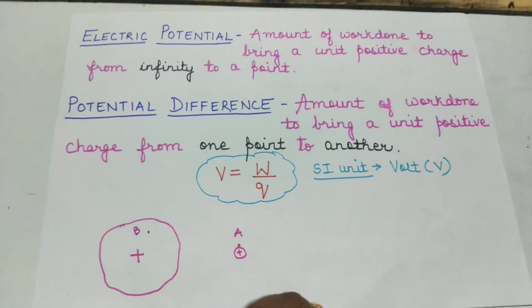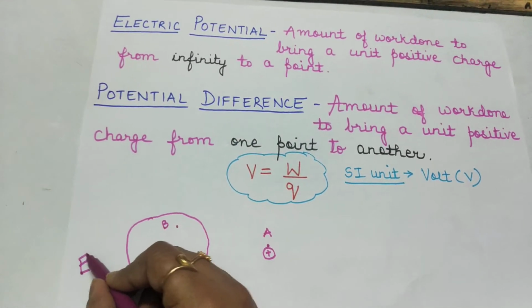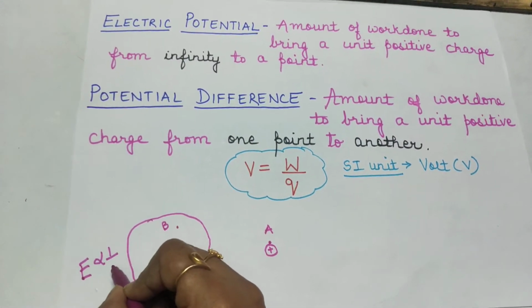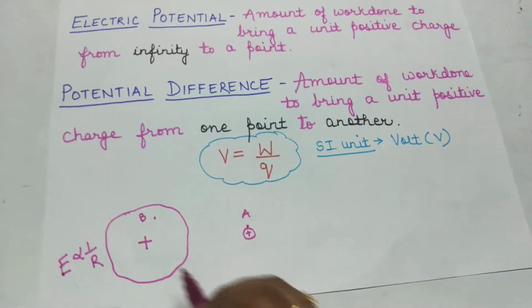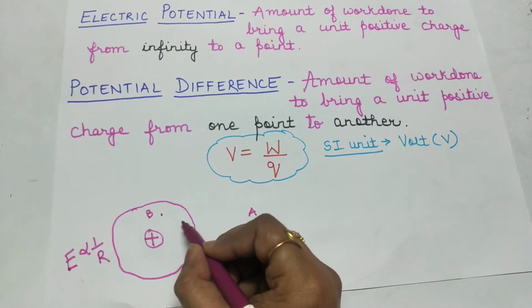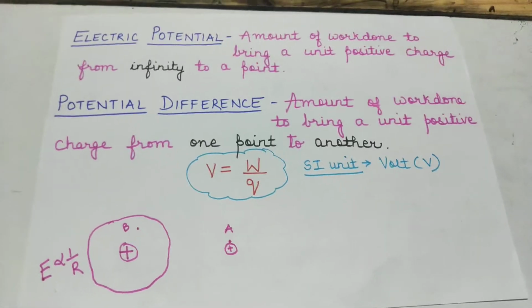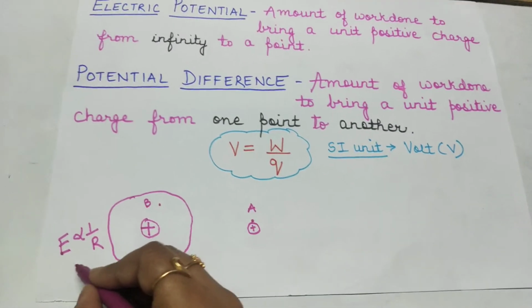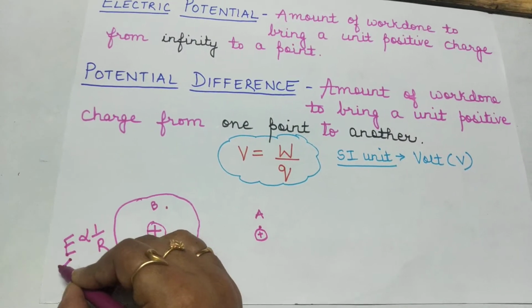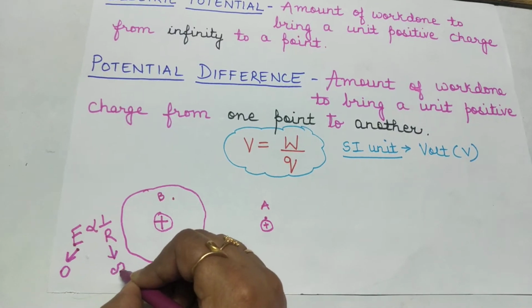In class 12th, you will study that electric field is inversely proportional to distance r. That means if you increase the distance from this positive charge, the value of this electric field will start decreasing. So, mathematically, E will become 0 when r becomes infinity.